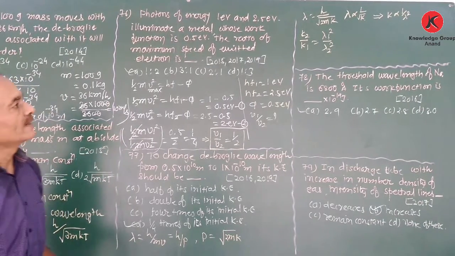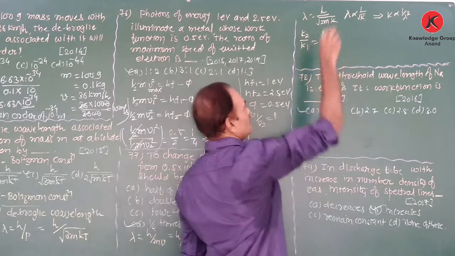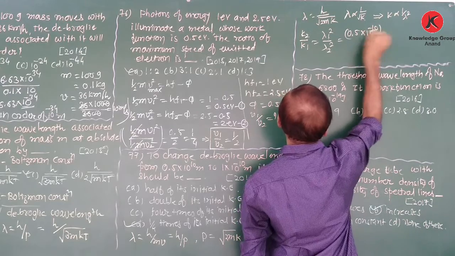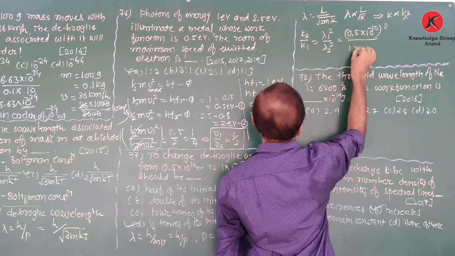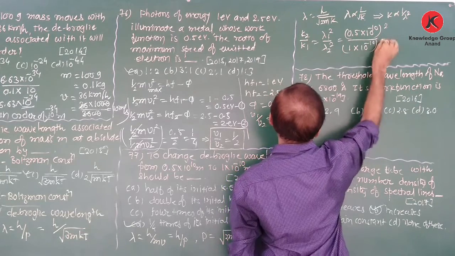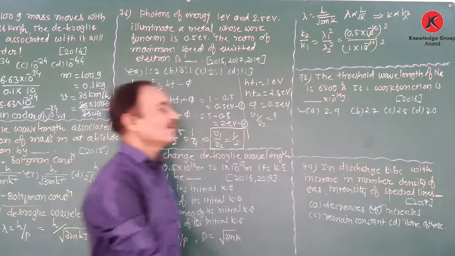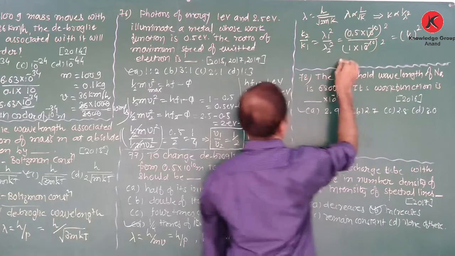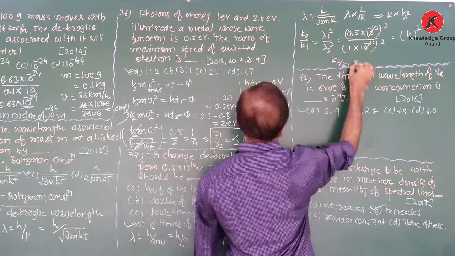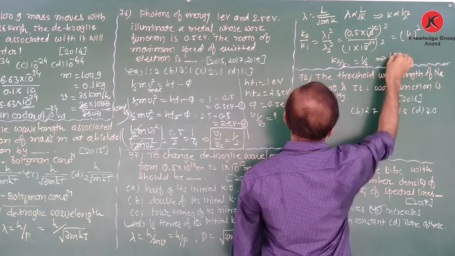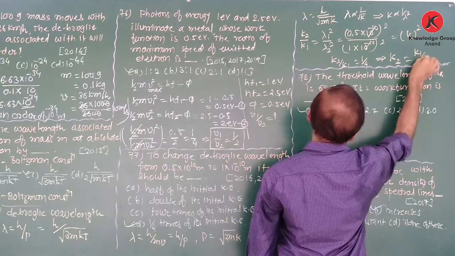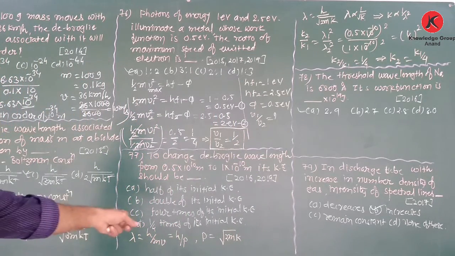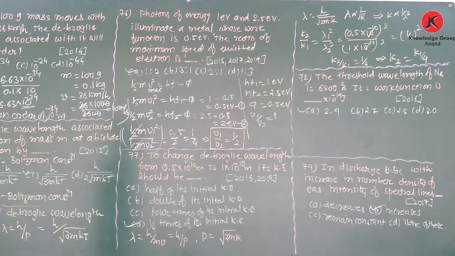Lambda 1 is given as 0.5 into 10 to the power minus 10 whole square upon lambda 2, 1 into 10 to the power minus 10 whole square. 10 to the power minus 10 cancels, 0.5 means 1 by 2, so 1 by 2 square. Therefore, K2 upon K1 is equal to 1 by 4, and the final kinetic energy is K1 by 4. That means 1 by 4 times its initial kinetic energy.